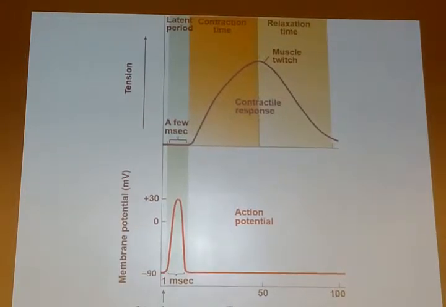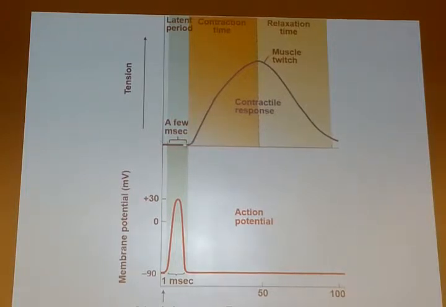The calcium has to come out. And you have to have enough calcium to get the total. It has to bind to troponin, move tropomyosin. It's a long process. It takes time.